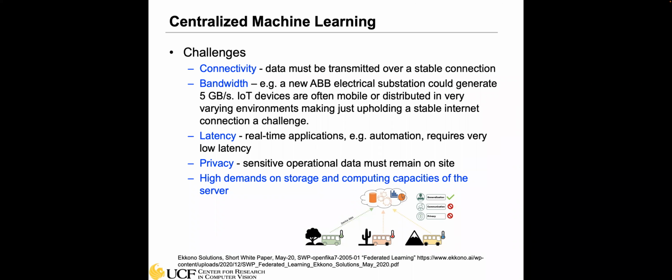But for some applications, we require very low latency. For example, if you want to do surveillance, let's say license plate recognition, you definitely want very low latency. You don't want to wait a couple of seconds to generate a result.